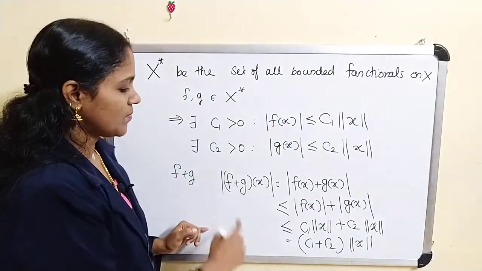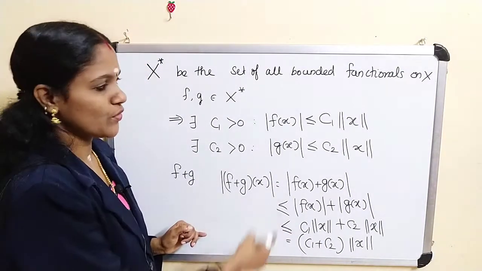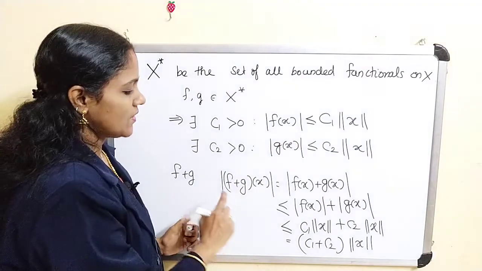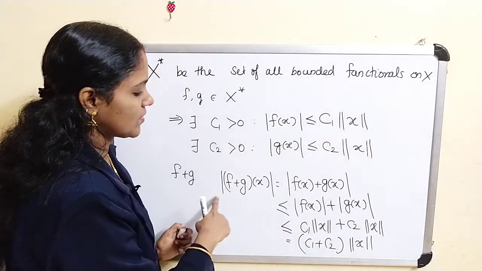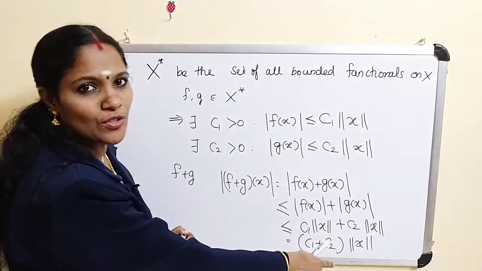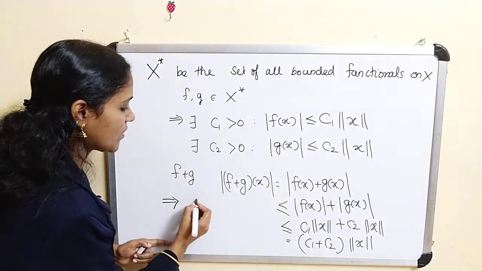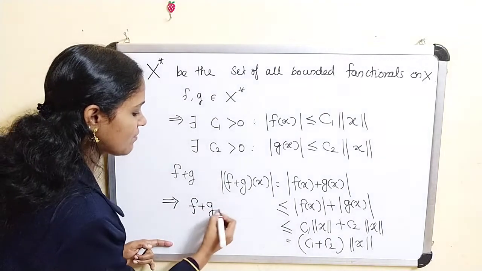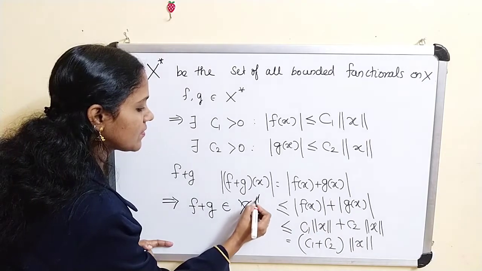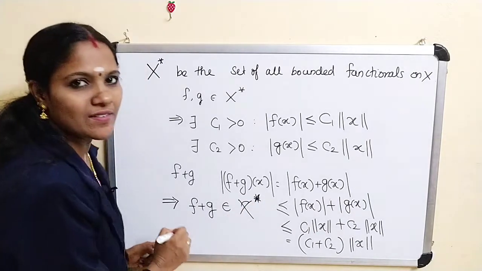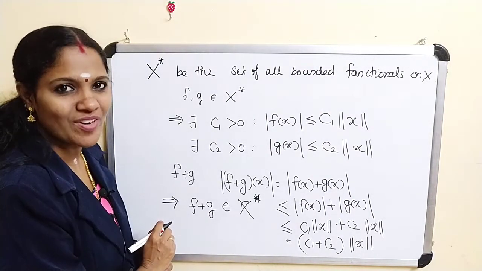Clearly c1 plus c2 is a scalar greater than 0, as both are greater than 0. So there exists some c greater than 0 such that this is less than or equal to c into norm of x. This implies f plus g is a bounded functional, so f plus g belongs to X star. f plus g is a bounded linear functional.